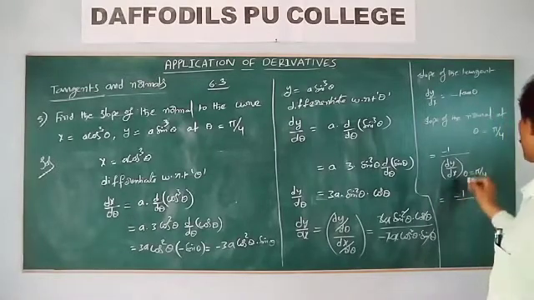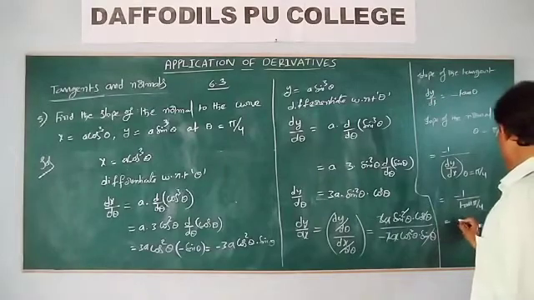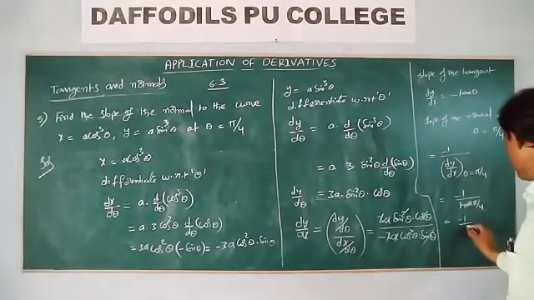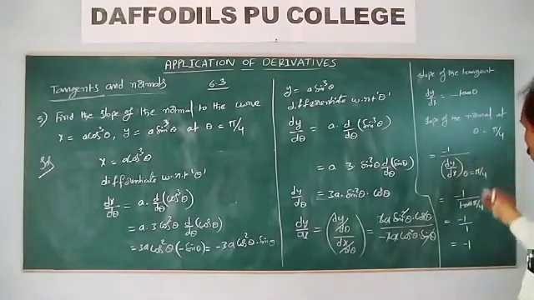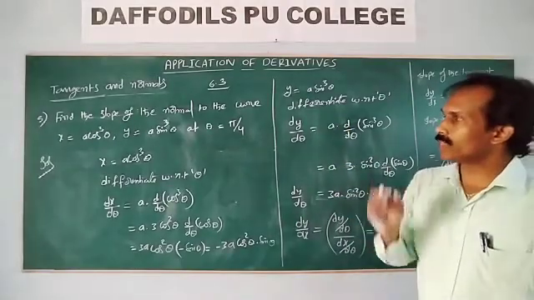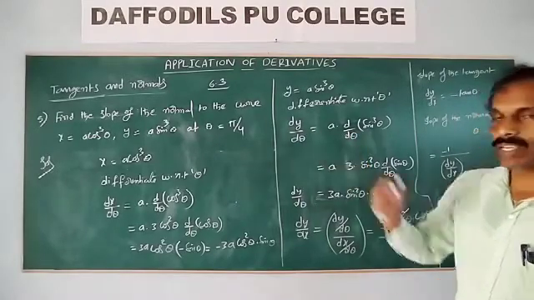That implies minus 1 by tan pi by 4. Tan 45 value is 1. So the slope of the normal at theta is equal to pi by 4 is equal to minus 1.